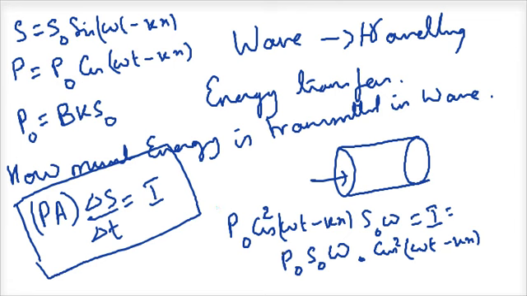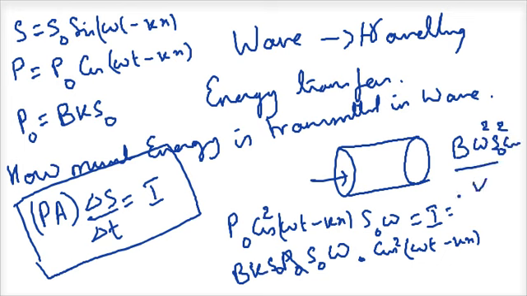So if I substitute that B k S0 here, and this k is equal to omega by v, so k is equal to omega by v. So when I substitute that, I'll get B omega squared S0 squared cos squared(omega t minus kx) by v.